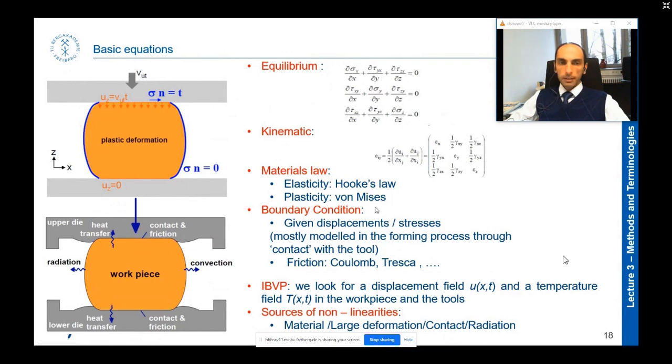Then boundary conditions, we talked about them. Here you can see the concept of boundary conditions. For example, in such a problem, you have heat convection, heat radiation, heat transfer to the dies, contact with the dies, so you have friction here. All of these are applied in mathematical form as boundary conditions.